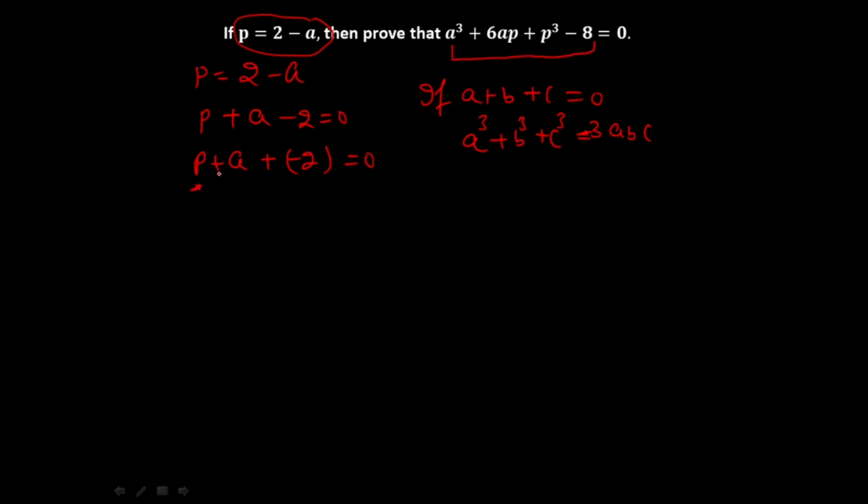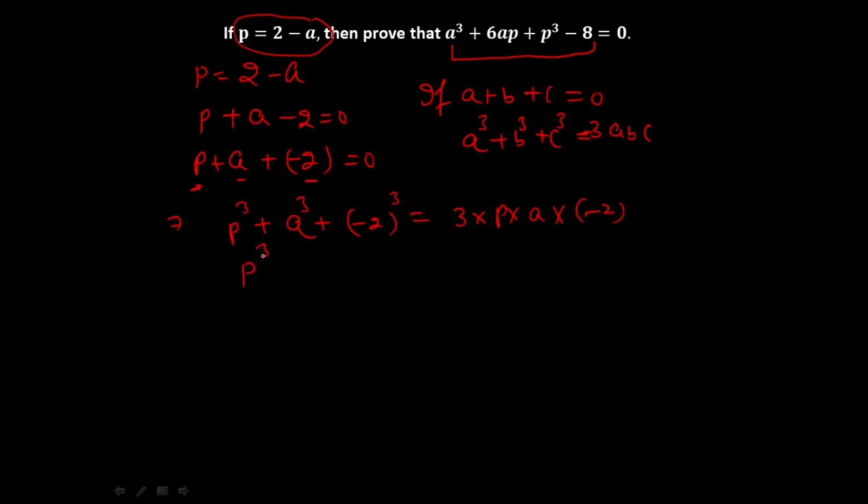Now assume this is a, this is b, this is c. Because a plus b plus c equal to 0, I can say a cube plus b cube plus c cube will be equal to 3 times a times b times c.